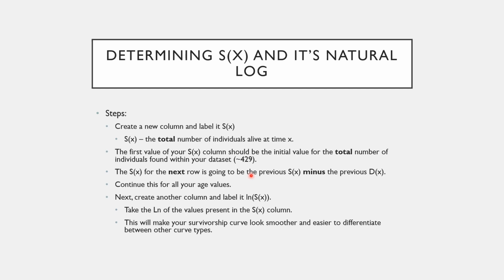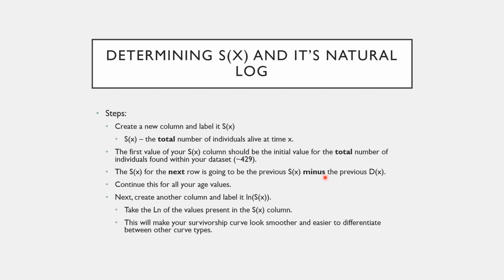But the number of individuals that died at age 0, or at birth, was 5. So for the next row, your S of X is going to be the previous S of X, which is 430, minus the number of individuals in that count that died at age 0, or the D of X of that previous row, which is 5.